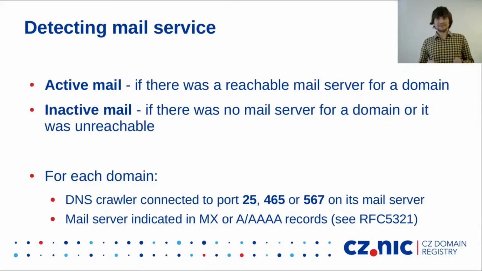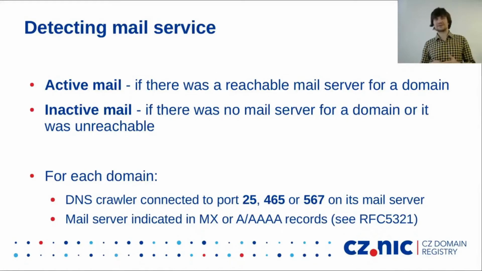And we did similar analysis for mail service. So we labeled each .cz domain name with one of two labels: active mail, if there was a mail server for a domain, and inactive mail, if there was no mail server for such domain. We also used DNS crawler data.